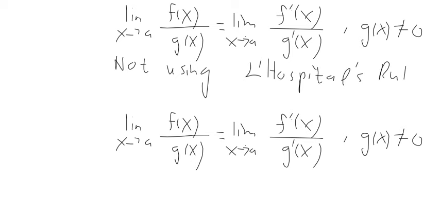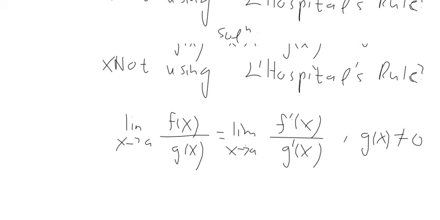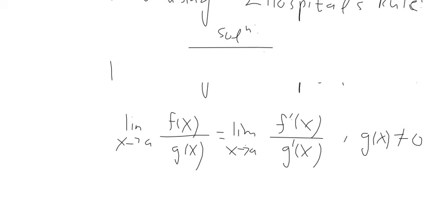Okay, so how do we evaluate this function? So the problem is, we want to evaluate the limit as x goes to 0 of sine 5x all over x.